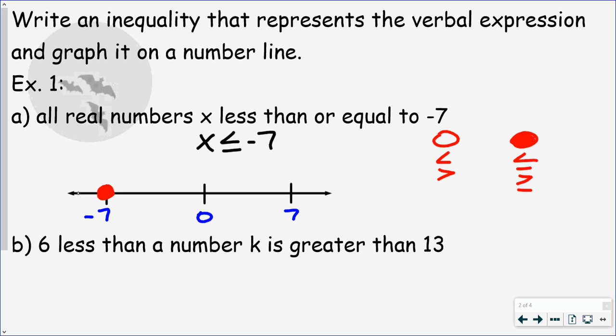And so the values less than -7 are to the left. On a number line, as you move to the left, the values become less. And as you move to the right, the values become greater. So a value to the right is always greater than a value to the left. So this picture shows that x could be -7 or anything to the left of -7.